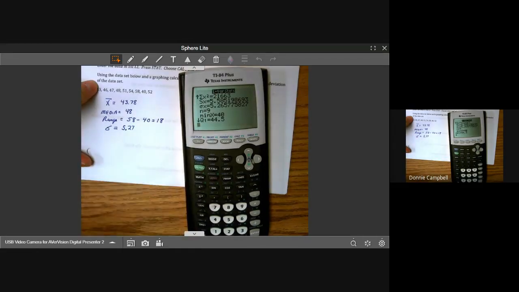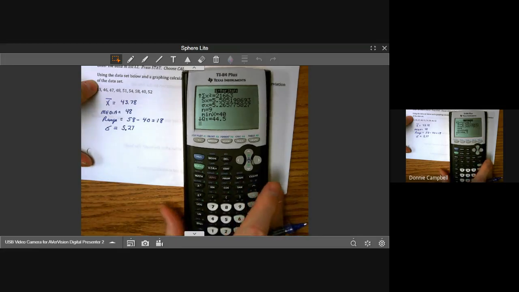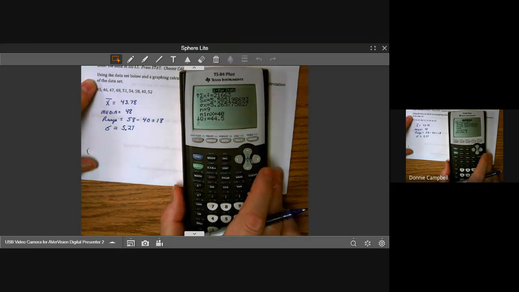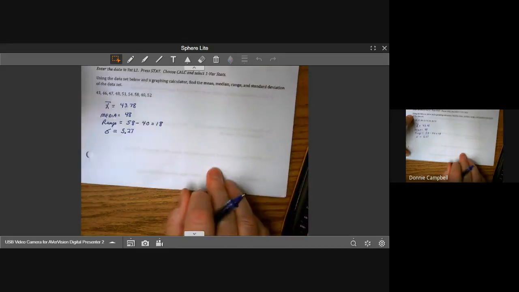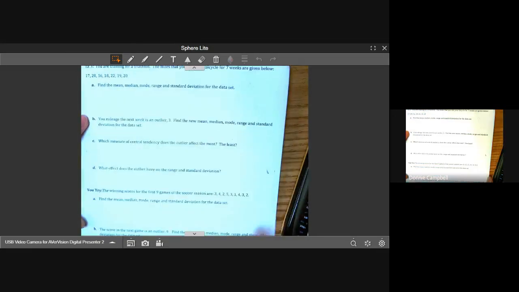5.27. Okay. All right. So now let's do the back side.